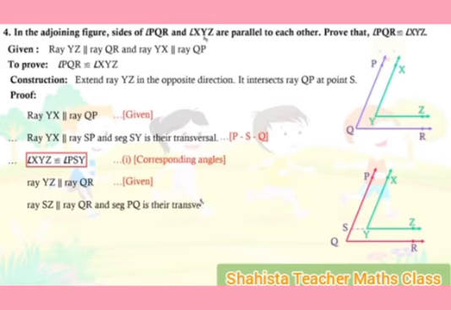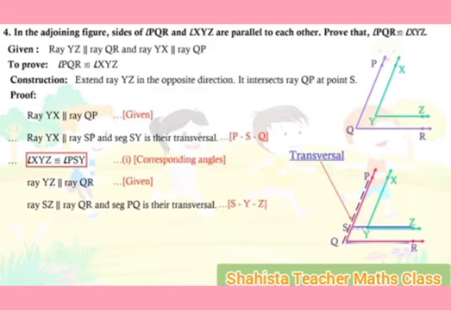Here PQ is their transversal for ray SZ and ray QR. Is that clear? So PQ is their transversal.